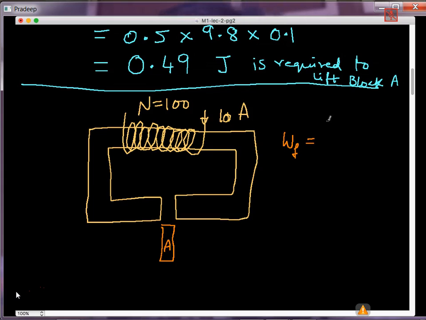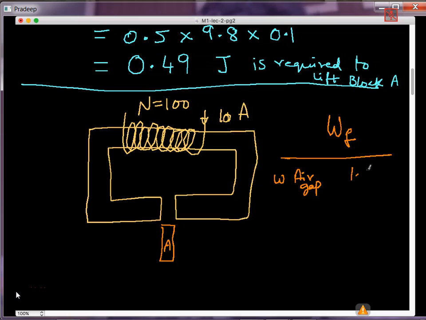Okay. So energy in the field. So field energy with air gap is only 1.05 joules. Without air gap is 6.28 joules.